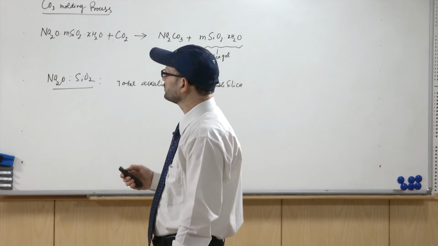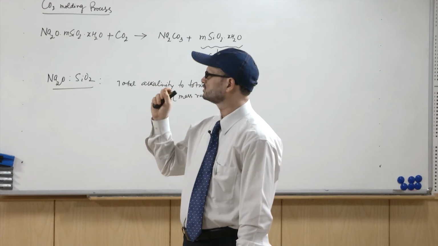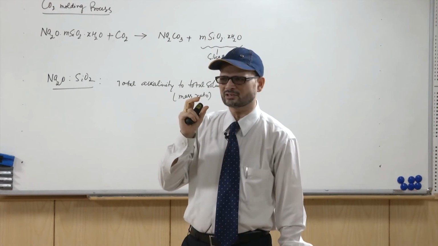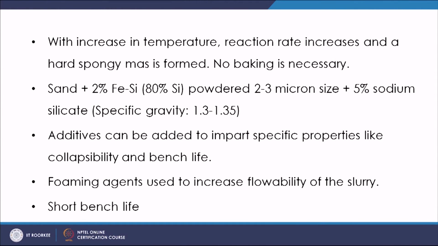So, in this case what we do is, sand will be added with 2% ferro-silicon, which has 80% of silicon in that ferro-silicon, which is powdered to 2 to 3 micron size, quite small size particles, plus 5% sodium silicate is used, whose specific gravity is maintained close to 1.3 to 1.35.